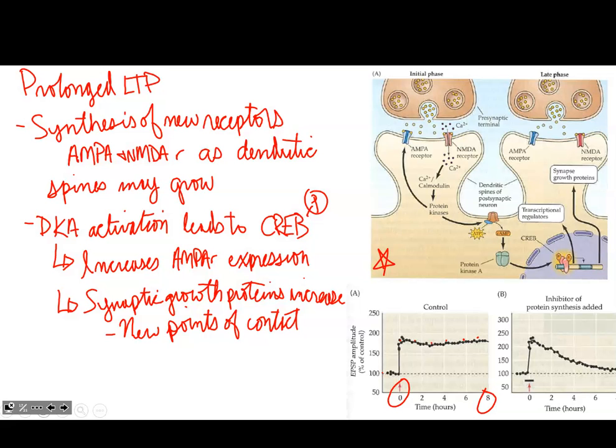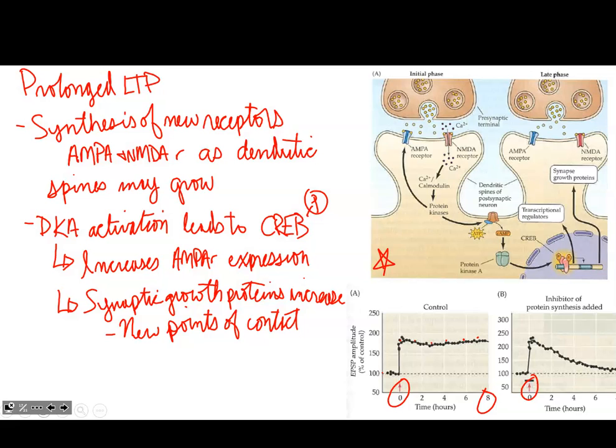But look what happens here when they add their protein synthesis inhibitor at the same time as they induce LTP. They do see some initial LTP. So you go from 100% upwards to 200%, but it fails to be prolonged.